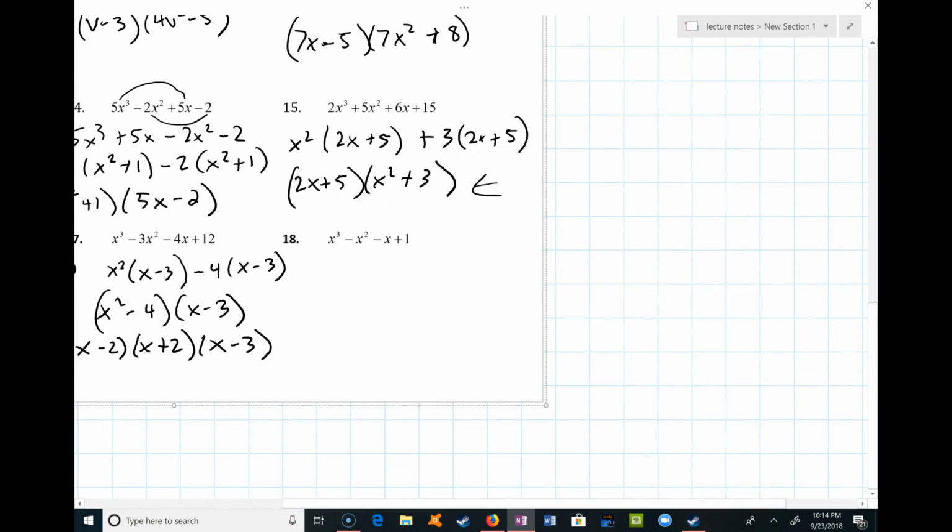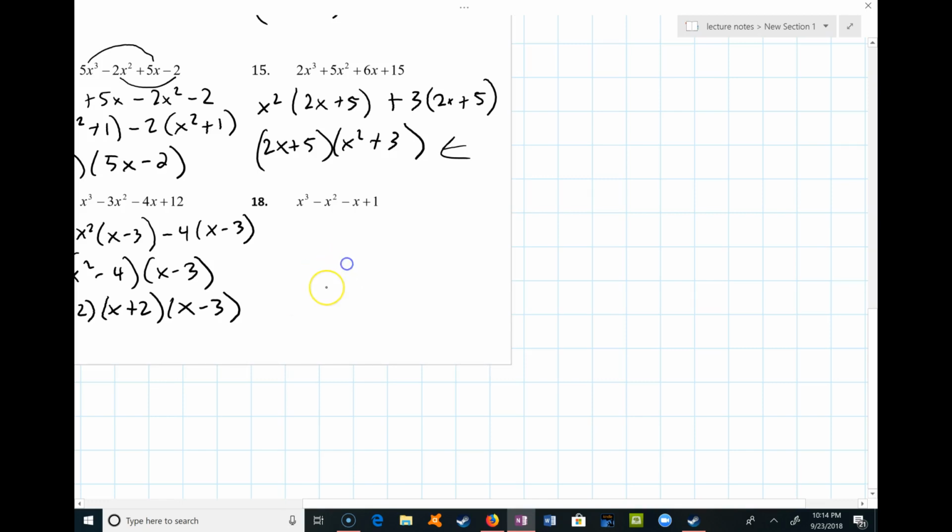Okay, so I'm going to do this last one. Factor out an x squared, and that leaves me with x minus 1. And here, notice I'm just going to factor out a -1 in a sense, and that'll leave me with x minus 1.